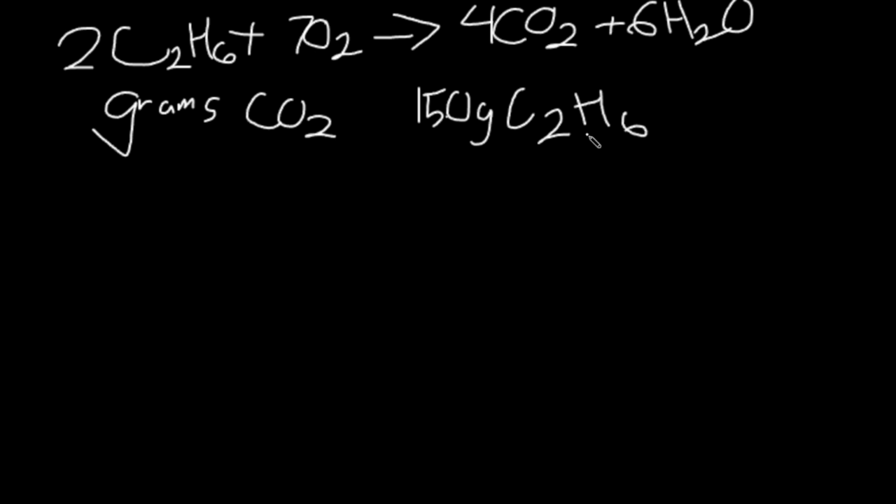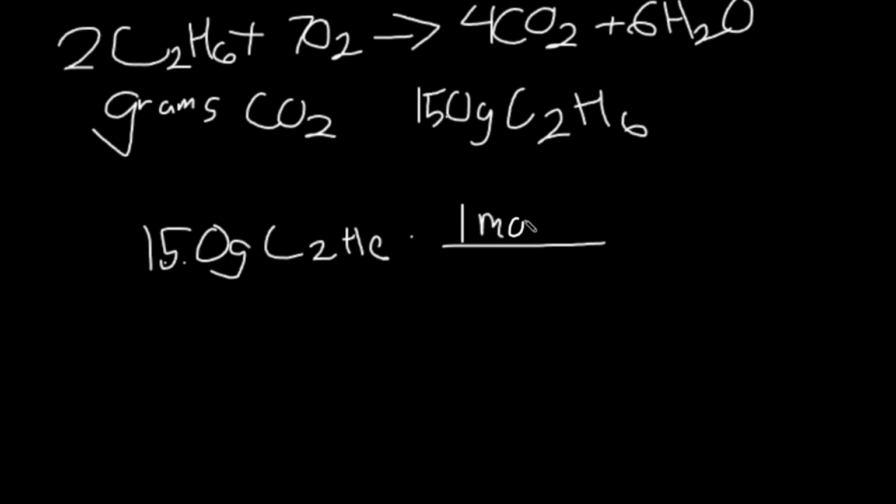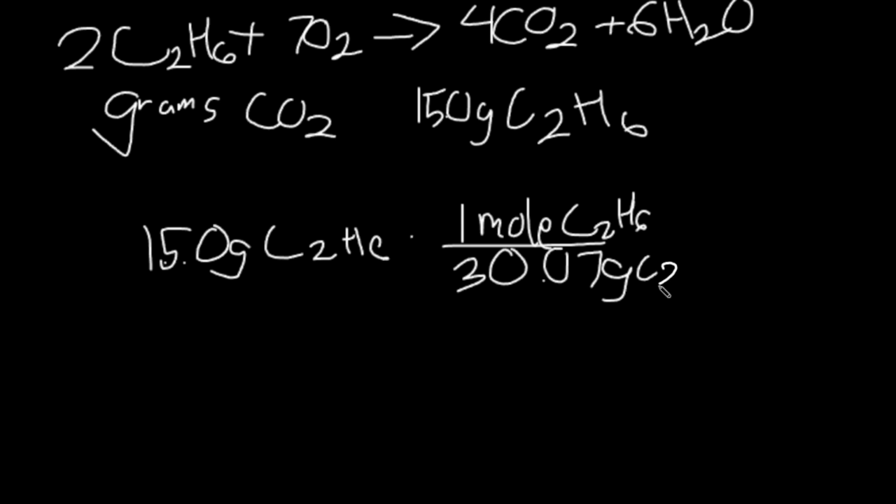Using what we learned, we convert the mass to moles, of course using the molar mass. So 15.0 grams of C2H6 times 1 mole of C2H6 over the molar mass of C2H6, being 30.07 grams of C2H6.